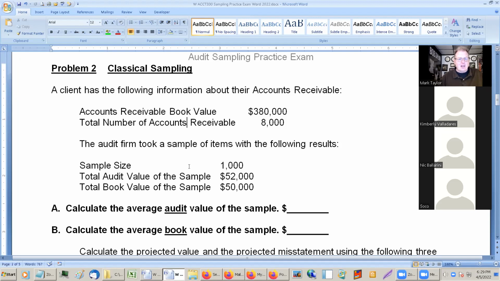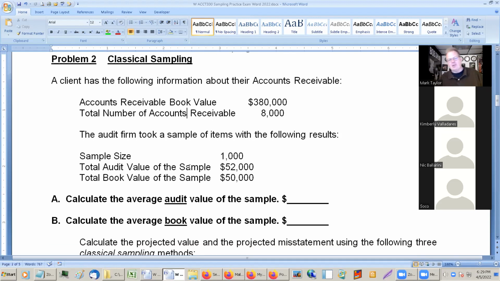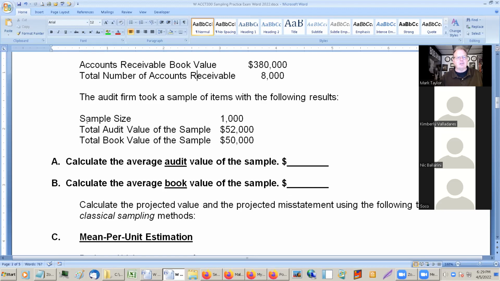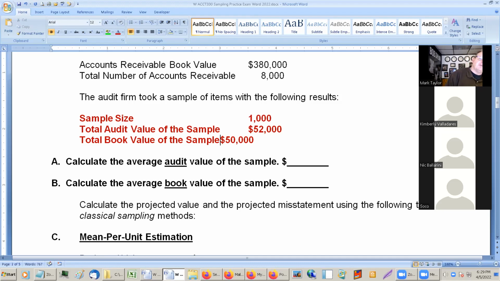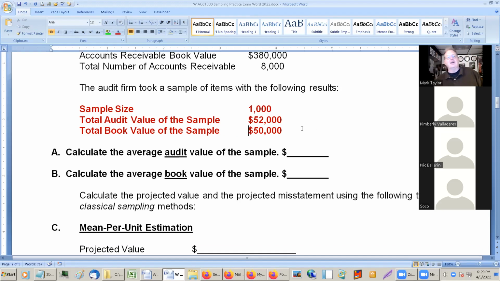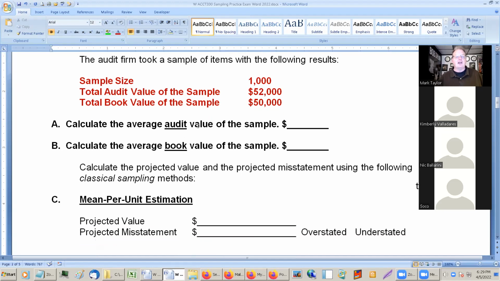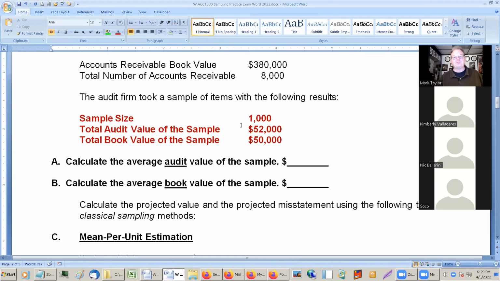Okay. Classical sampling. This one is probably the most intuitive of all of them. So let's go to our sample. Okay, first thing we need to do is find the audit average of the sample.